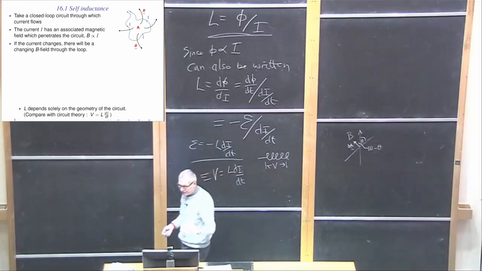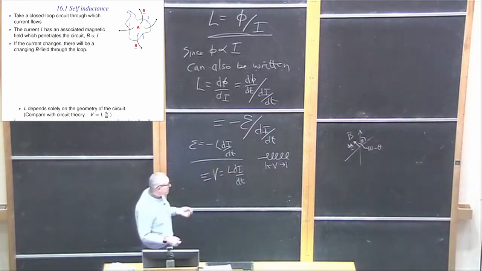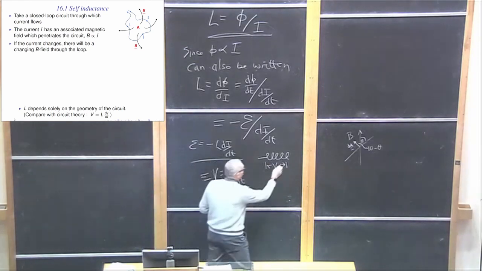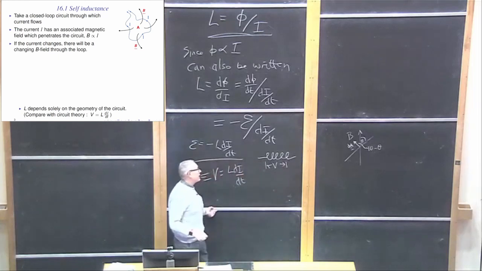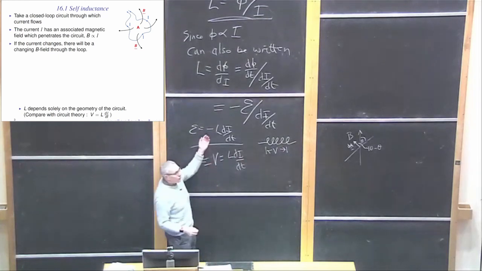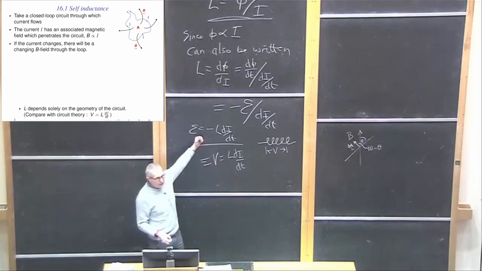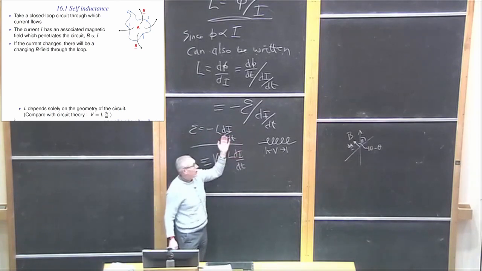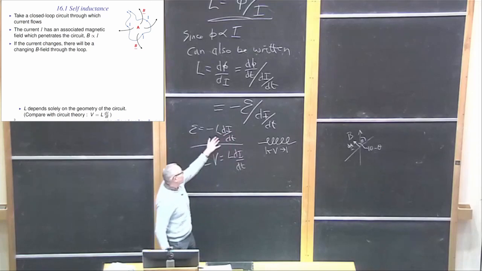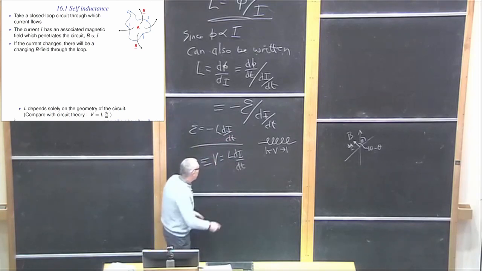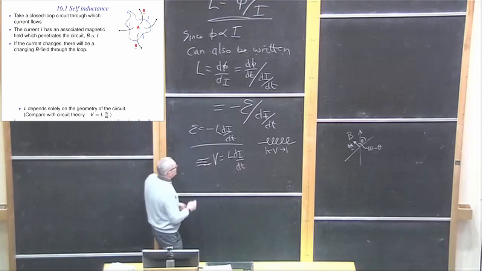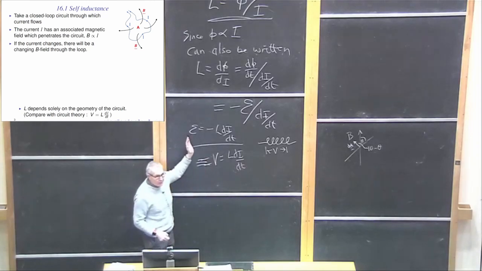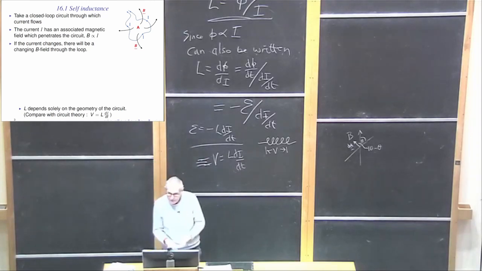It impedes the current that caused it. Okay, so that's it. That's where, when you did circuit theory, you probably got hit with this funny symbol, and if you hadn't seen it before, this is where it comes from.